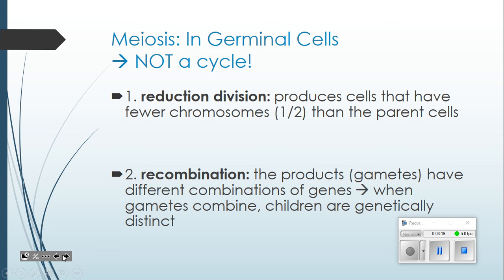And when gametes combine, children, or offspring if we're not talking about people, are genetically distinct. So what we're saying is, by making these cells that have half the chromosomes that the parents do, when two of those haploid cells join up, a sperm and an egg join up, now you get a different combination of genes because half of them came from mom and half of them came from dad.